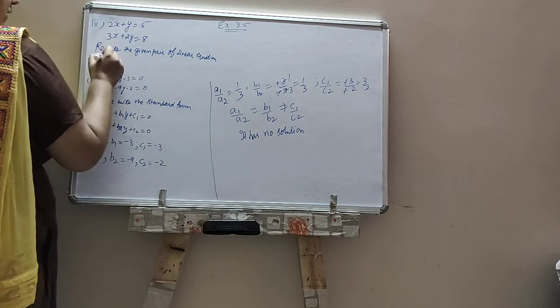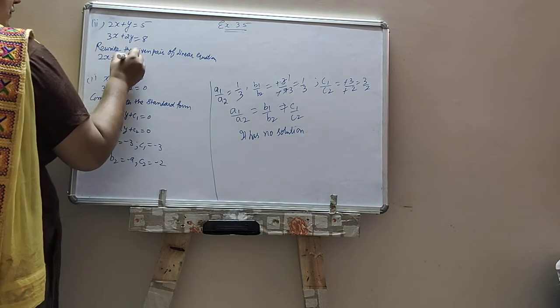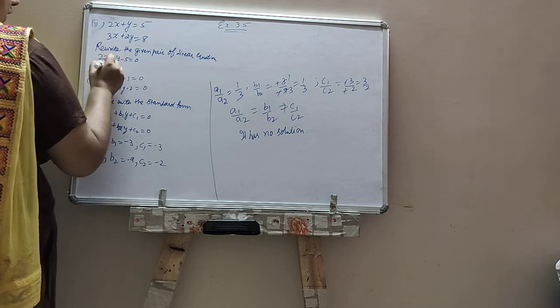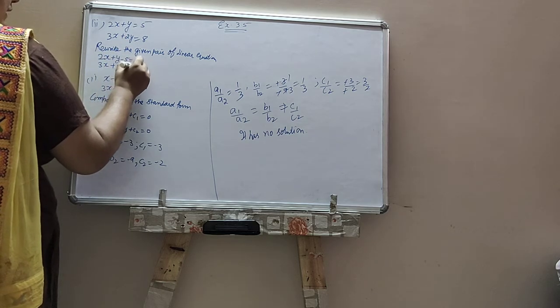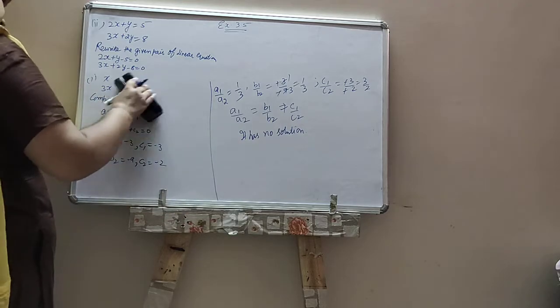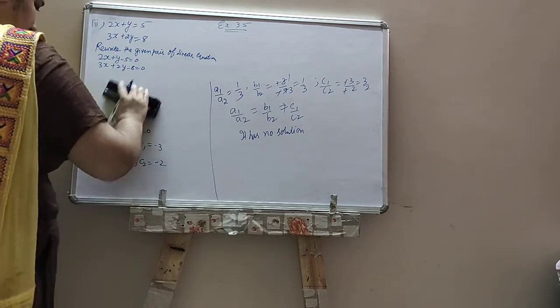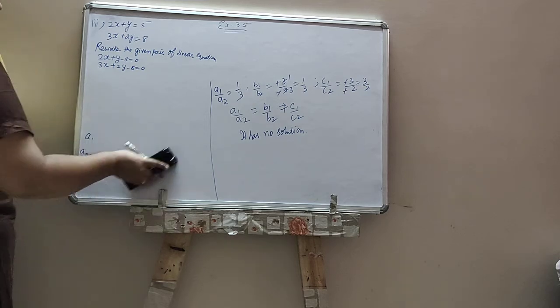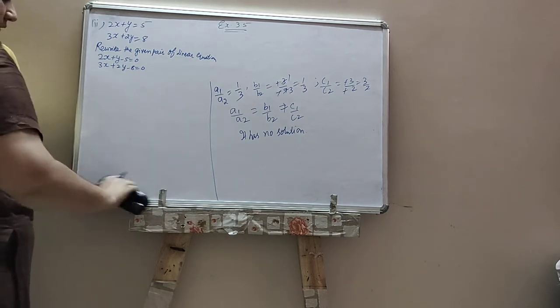So what will it be? 2x plus y minus 5 equal to 0, 3x plus 2y minus 8 equal to 0. Now here I will not write compare because I know this.